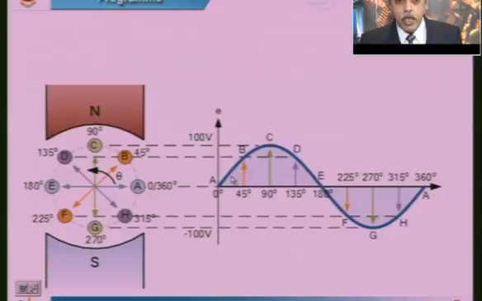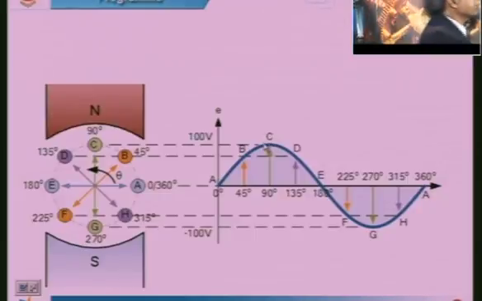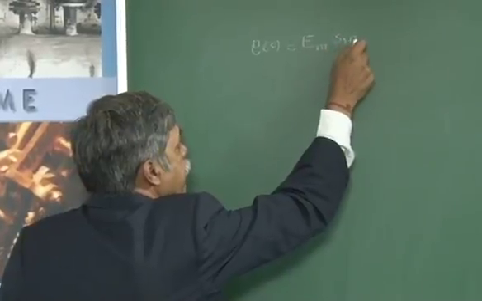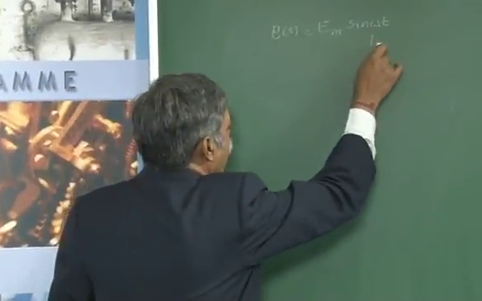Therefore if you see this sine curve, I can have the sinusoidal voltage, and I can write an expression for the voltage when the conductor is moved by 45 degrees. When the maximum value of the voltage is V maximum or E maximum, the instantaneous voltage at any instant of time can be given by the expression E of t is equal to E maximum sin omega t, where omega is the angular velocity.